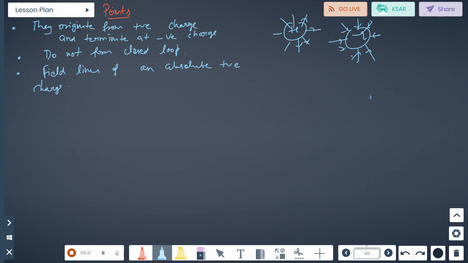Isolated means, suppose we have a positive charge, it is radially outward. It is not a fixed point; the lines go out to infinity. Understand? It is radially outward.